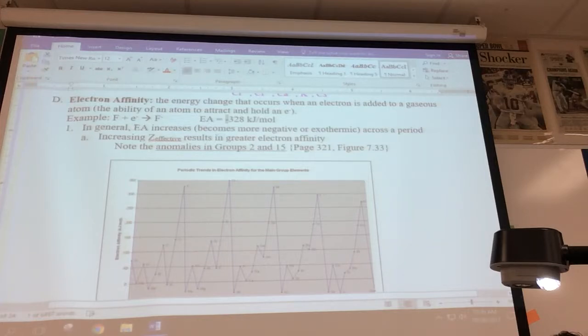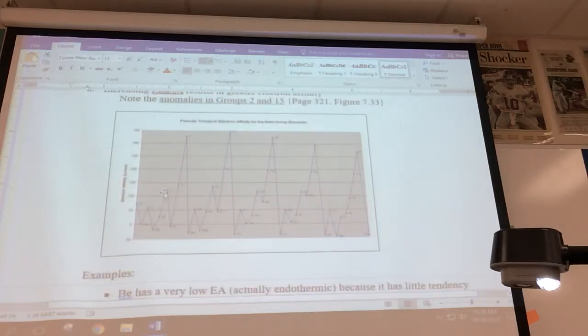In general, electron affinity will increase, meaning it becomes more negative or exothermic, across a period. So if you look at the graph shown here, this is a little bit odd because you're seeing this as an increase. It's getting more negative, more exothermic. Here's the 0 line, so above that line you'll be endothermic.